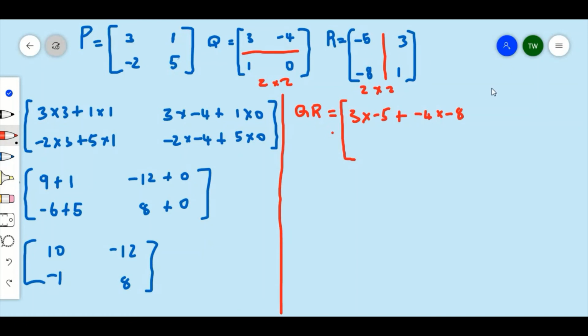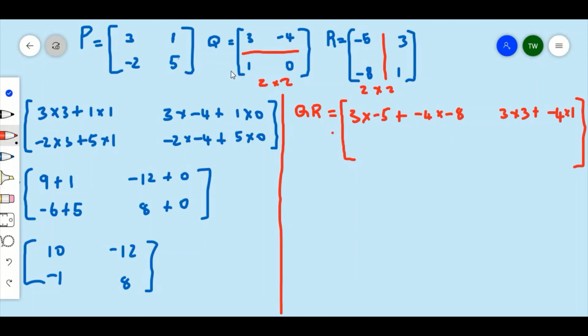It's going to be 3 times 3, plus negative 4 times 1.